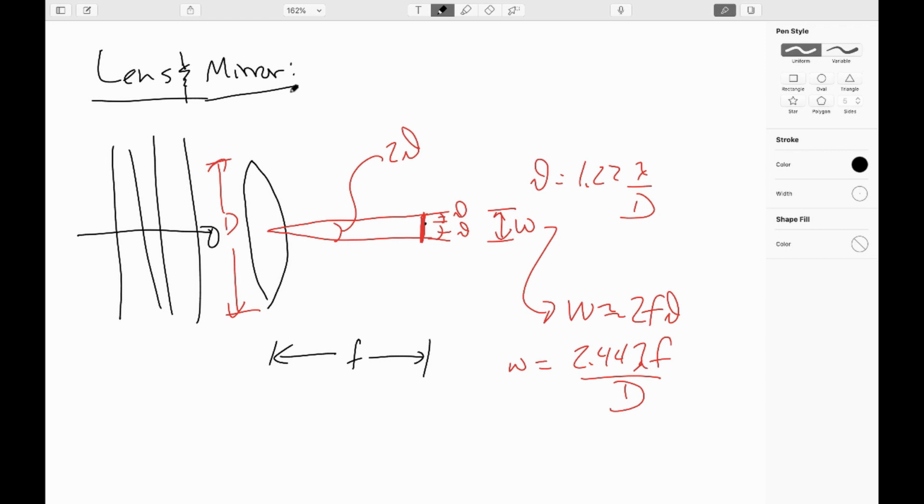But now we've got an additional issue, and that is that the wider the objective lens or the objective mirror, the lens if you're talking a camera, a mirror if you're talking a telescope, the smaller that these spots can go down to.